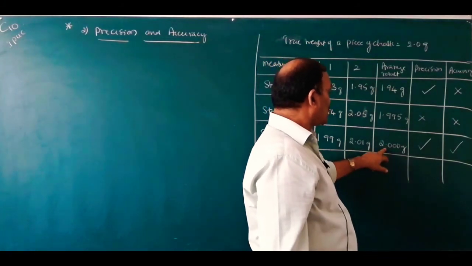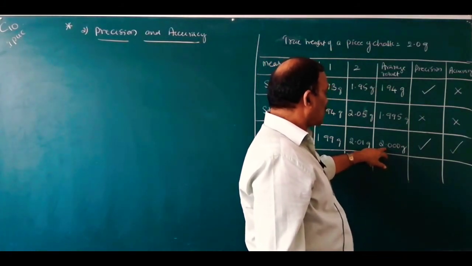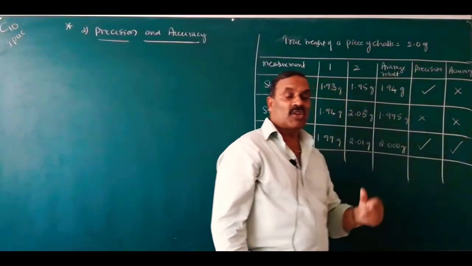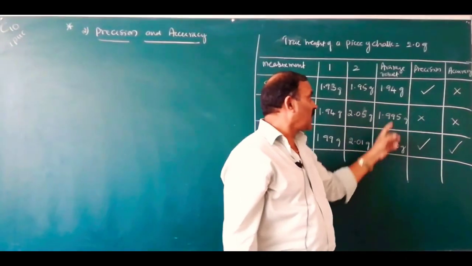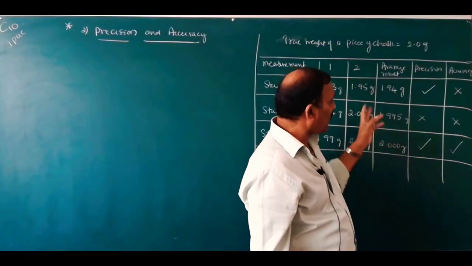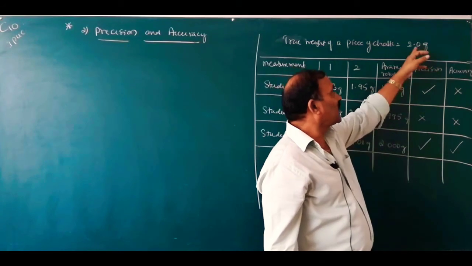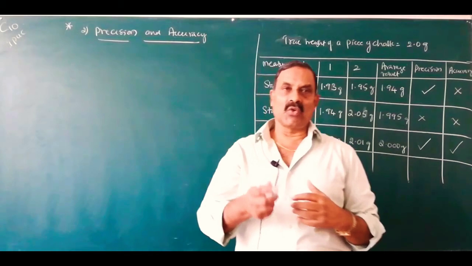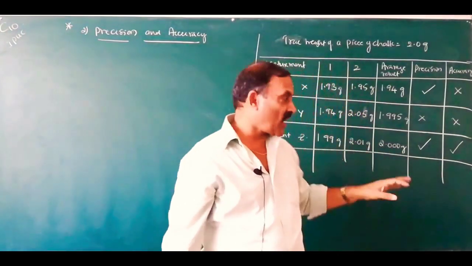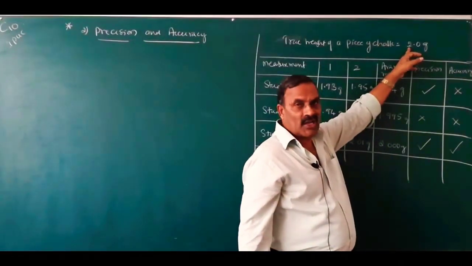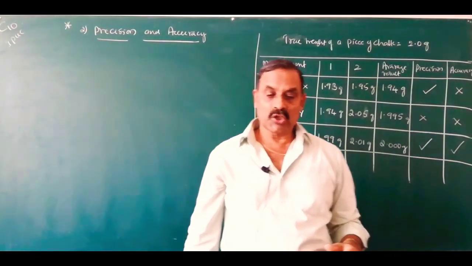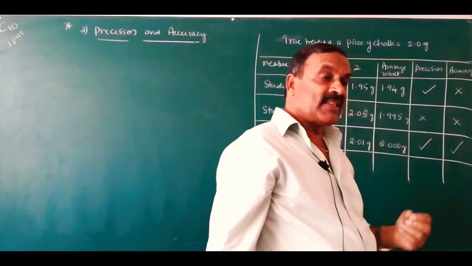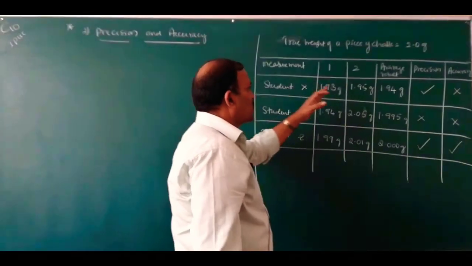Agreement of the measured value with the true value is called accuracy. This is the definition of precision and accuracy.